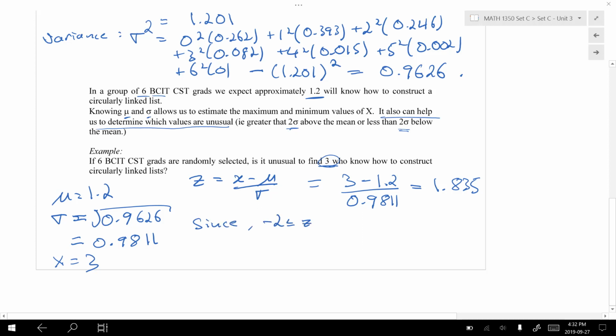So since our z is between -2 and 2, it is not unusual to find 3 of 6 students that can do this.